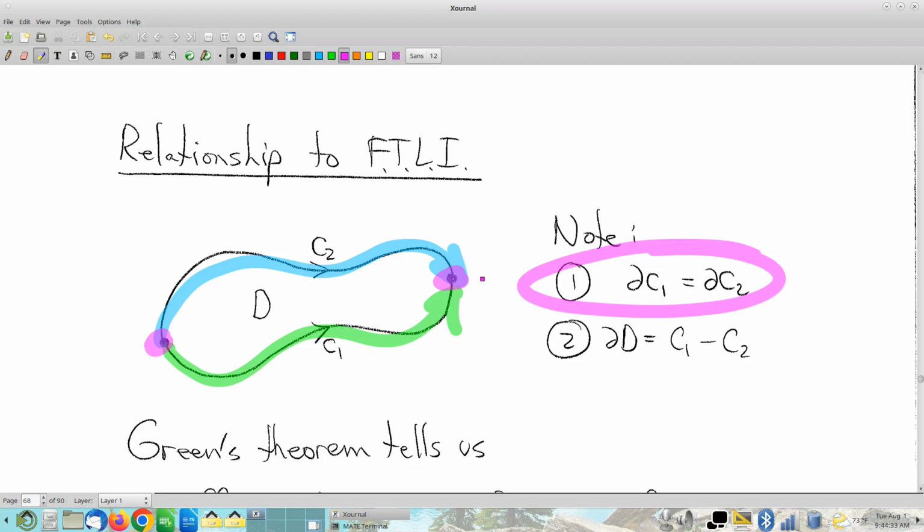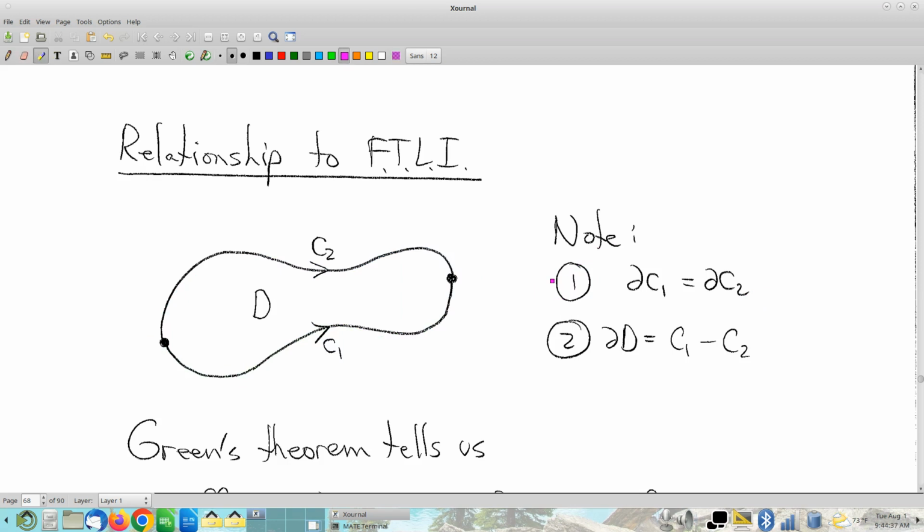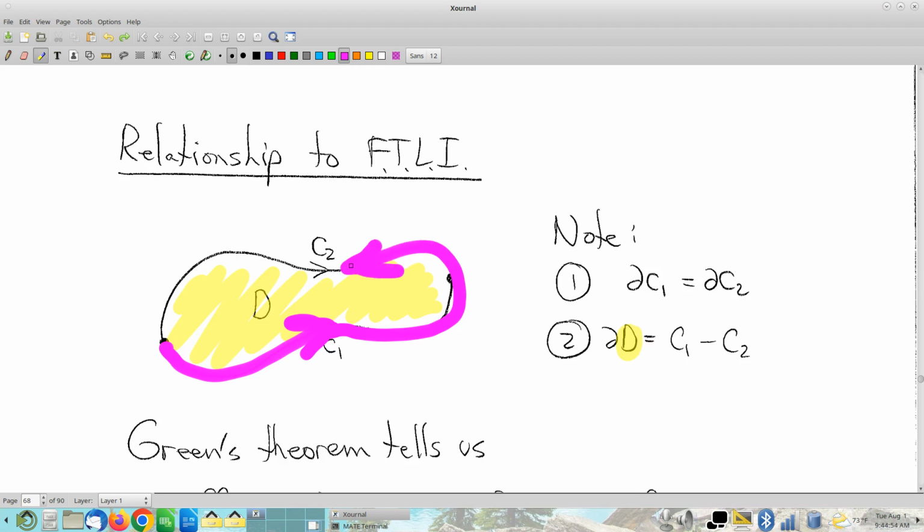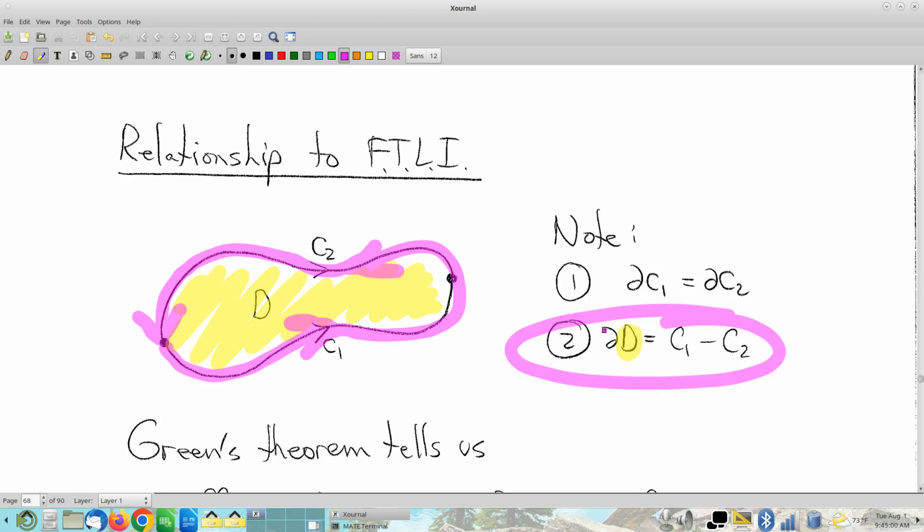On the other hand, you can also think of this picture as being about a 2-dimensional region, and its boundary like so.